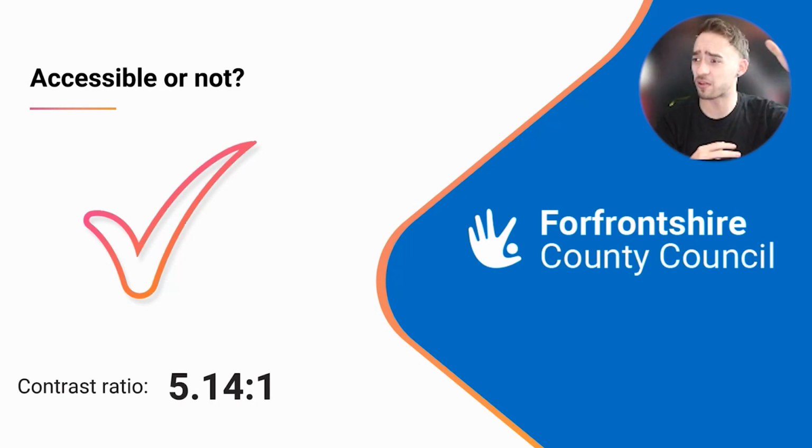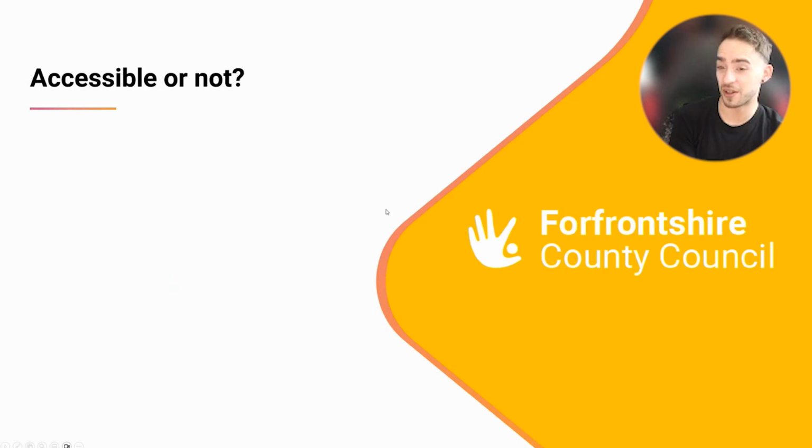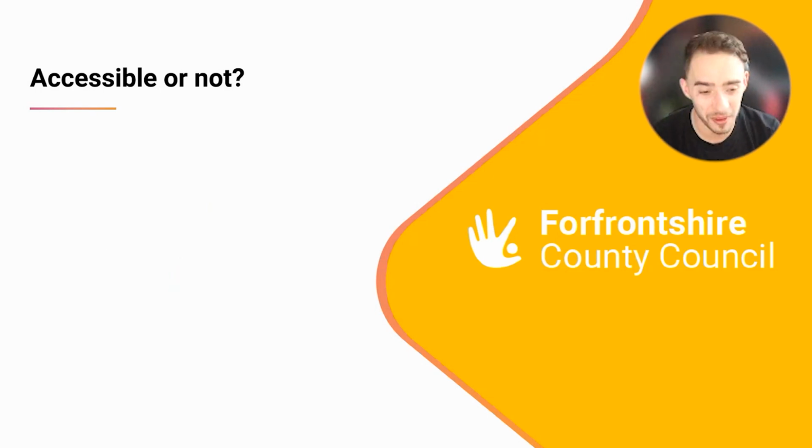AAA is like the creme de la creme version of accessibility standards. They're higher ratios. You might need a 7 to 1 ratio to have AAA accessible. However, the standard that we need to go to is AA accessible for now. So we're okay with logos being over a 4.5 to 1 ratio. Right, we have a yellow color with a white logo. What do we think?